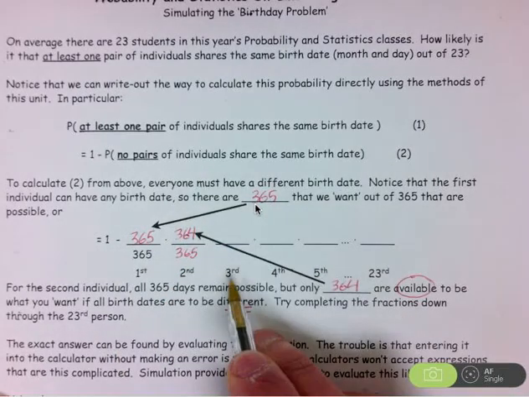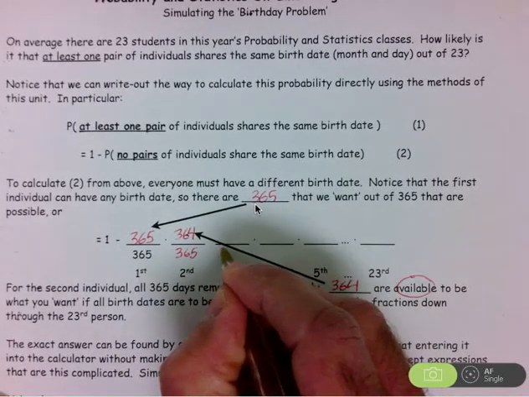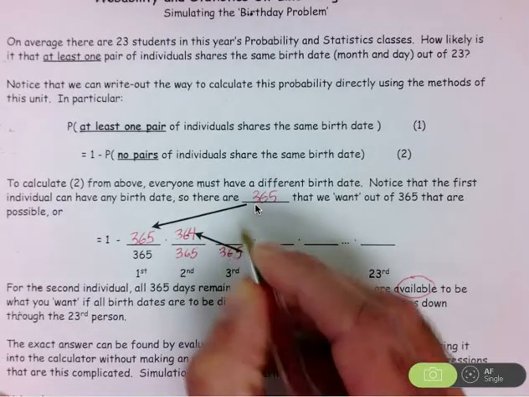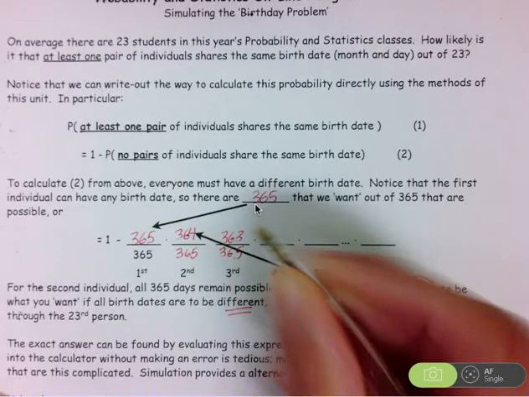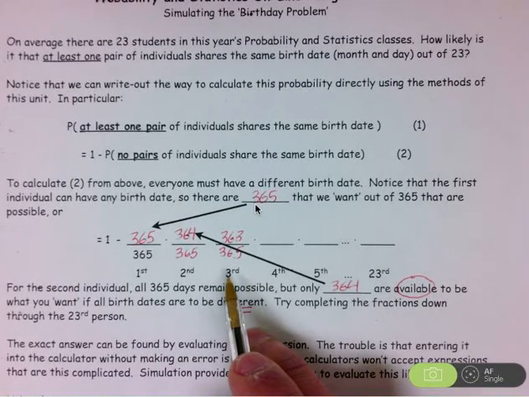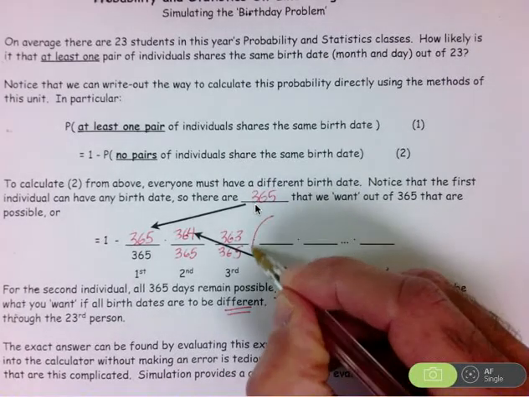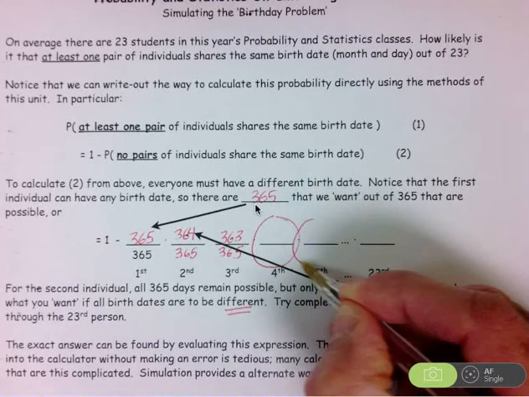So following this same pattern for the third person, again, they can be born on any day, but the truth is I only have now 363 that are available. So see if you can continue writing out all of these fractions that we would have to multiply together. So we have a likelihood for the fourth person and for the fifth person.